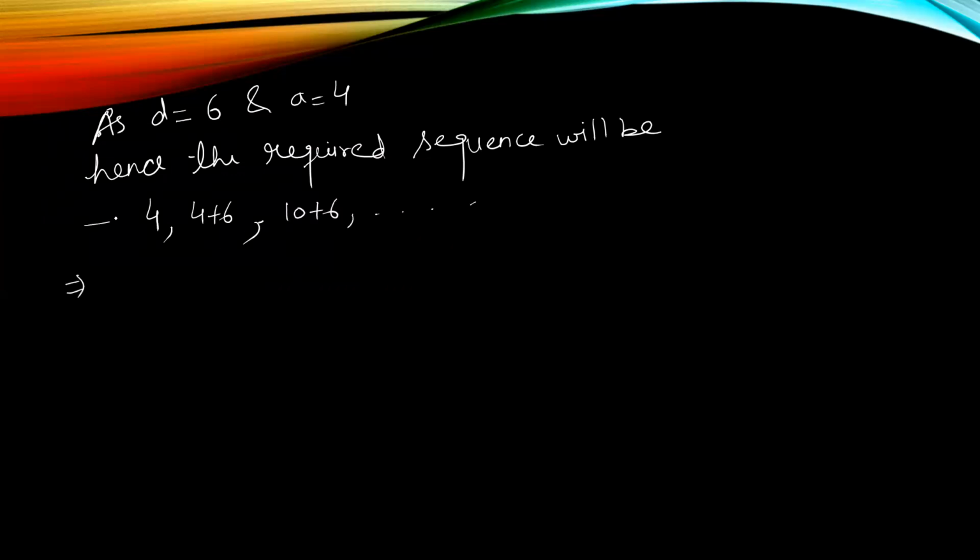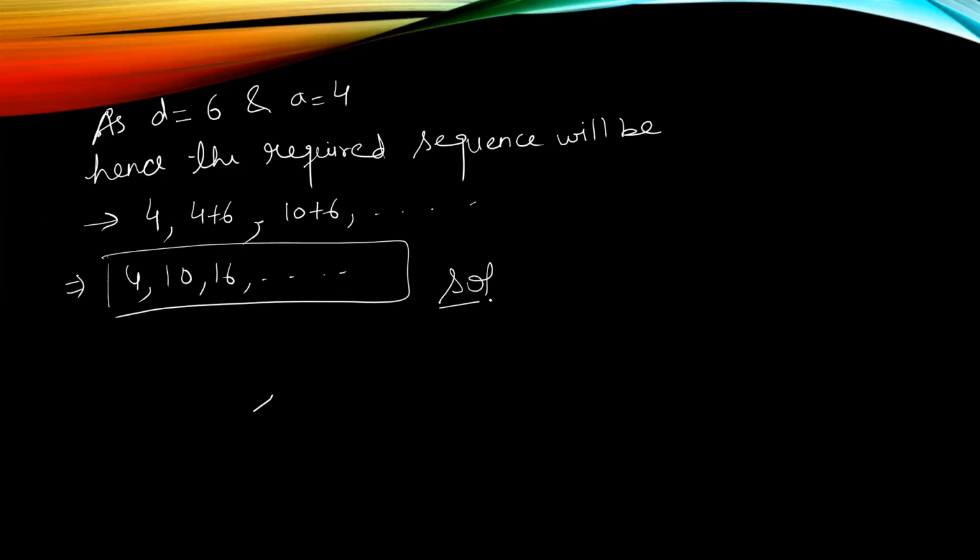You are not supposed to write this line. This sequence I have written just to make clear how things are happening. What you have to do is write 4, 10, 16, and so on. So this is the solution of the problem. This is the required result. Okay, I hope the problem is clear to everyone. Let's quickly solve the next problem.